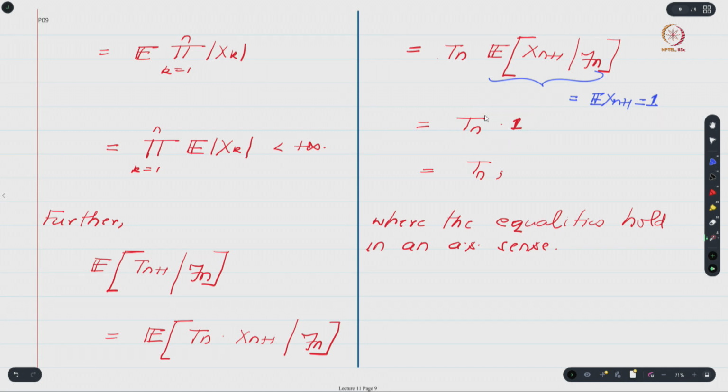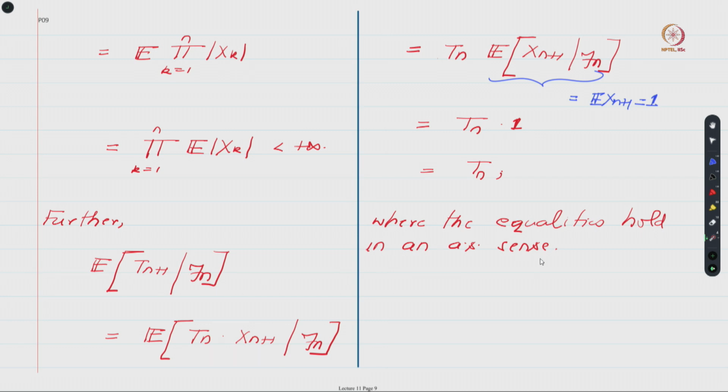Tn times 1 is Tn itself. Again I would like to highlight that all of these equalities hold in an almost sure sense. Since we are dealing with such examples and going over these equalities for the first time, I am emphasizing this almost sure sense.